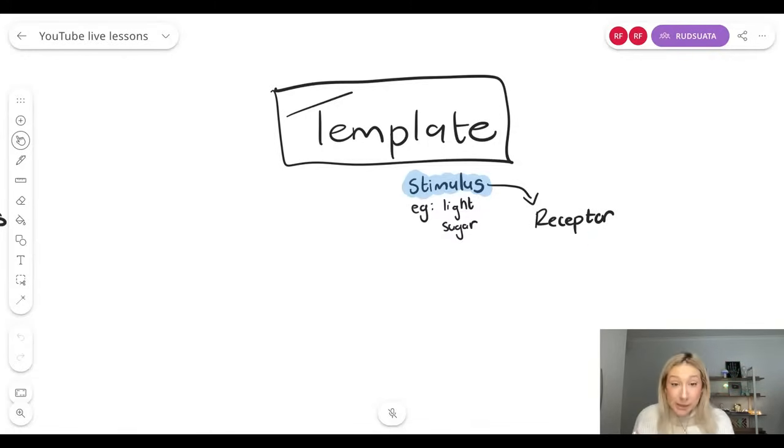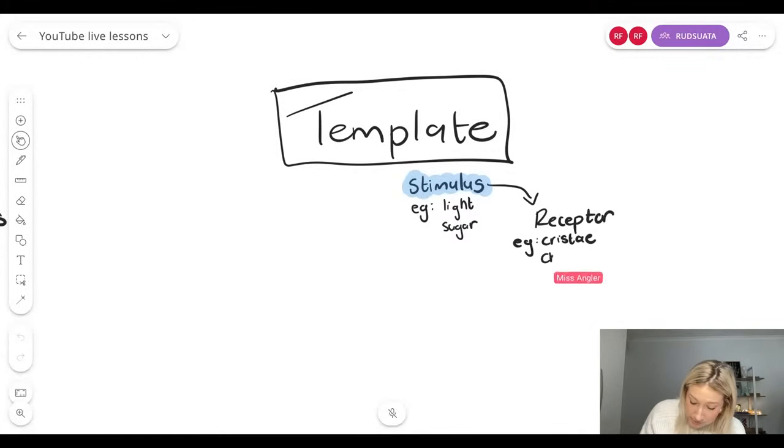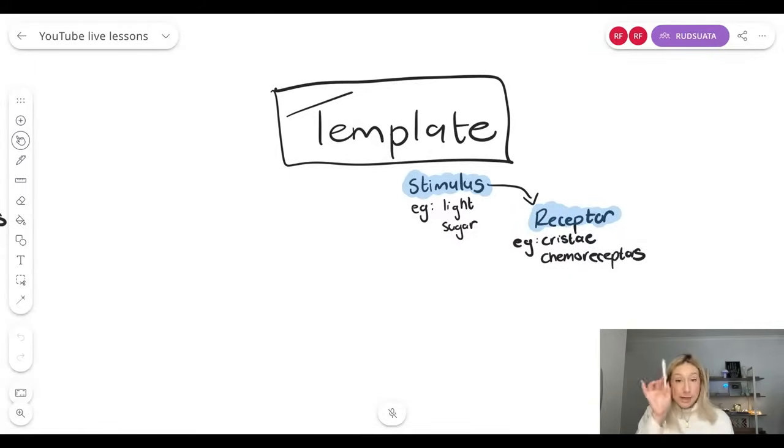Tell me what the receptor is. There are many different receptors, aren't there? There's the receptors in your ears, maybe it's the cristae. Maybe it's the photoreceptors in your eye. Maybe it's the chemoreceptors. So you've got to mention the receptor. You've got to be specific. Say what kind of receptor it is.